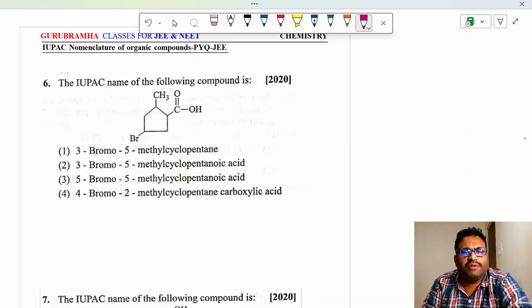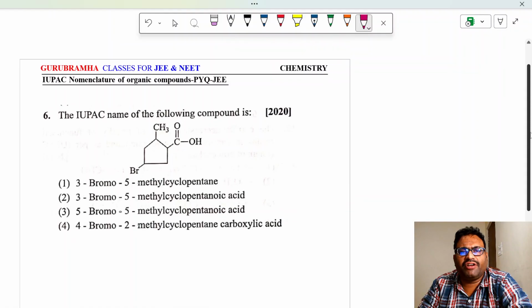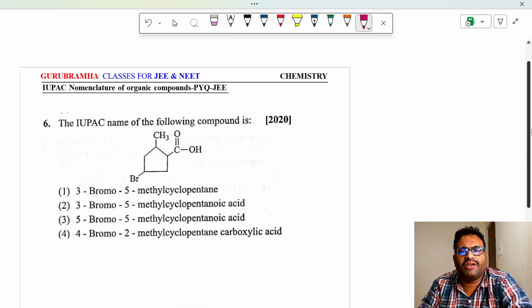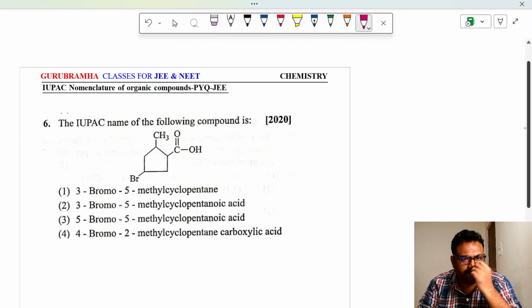The IUPAC name of the following compound is. If you see here, you are finding one functional group containing carbon attached to the ring.